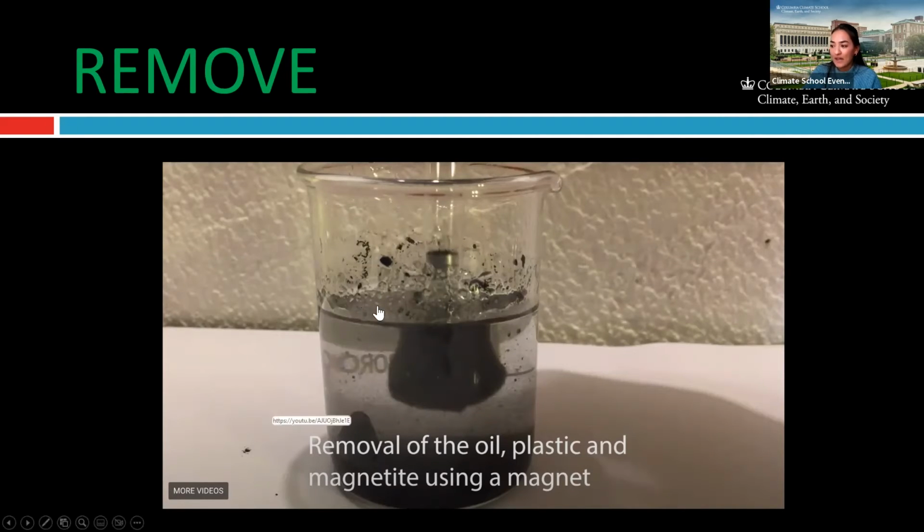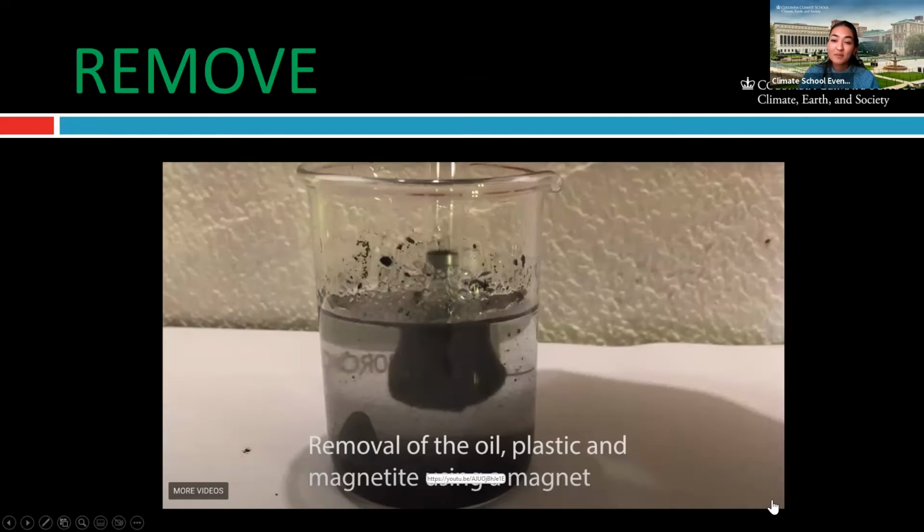There's a video that is also hyperlinked that you can watch, but for the sake of time, maybe we'll wait till the end. But he had microplastics in this jar of water. He just added oil and magnetite. The oil helped adhere the magnetite to the microplastics in the water. And then he just put a magnet in the water, stirred it around, and was able to collect all the microplastics out of the water.